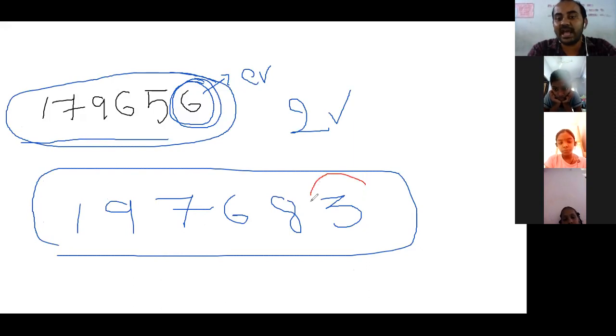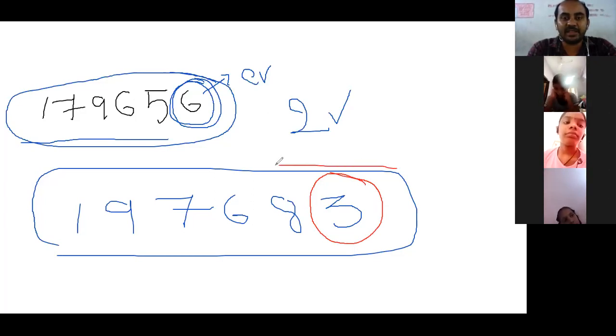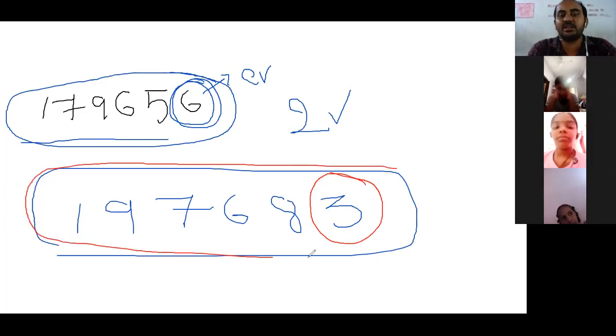Because the last digit is an odd digit, 3. An odd digit can't be divisible by 2, so the complete number is not divisible by 2. Does anybody have any doubts about this?